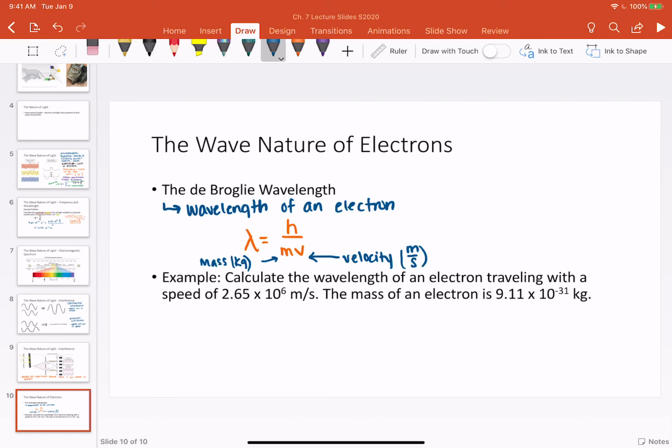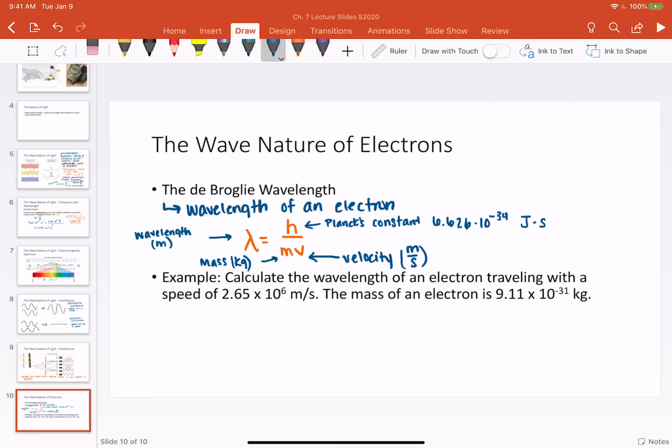The SI unit of measurement for mass is kilograms. And then we have our wavelength in meters. And Planck's constant, and that value is 6.626 times 10 to the negative 34th joules times seconds. That's the value that h is always going to be.